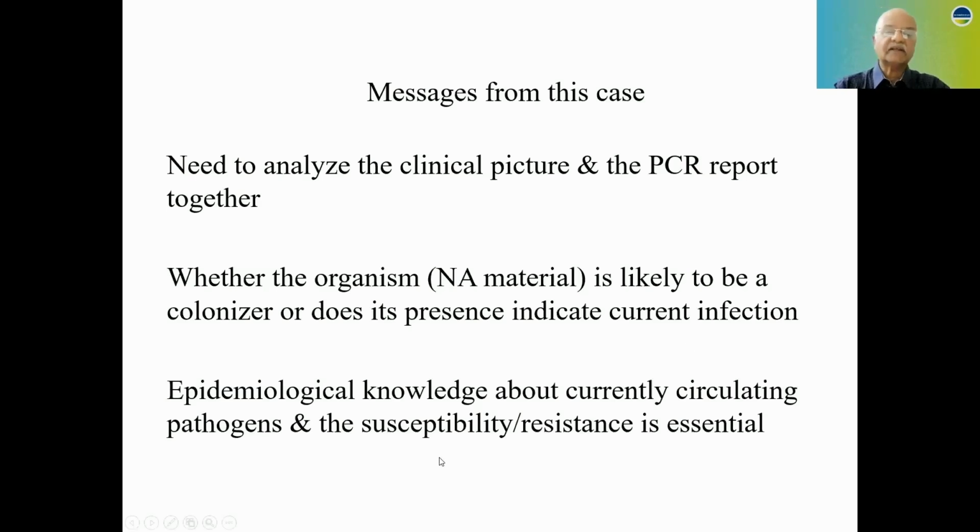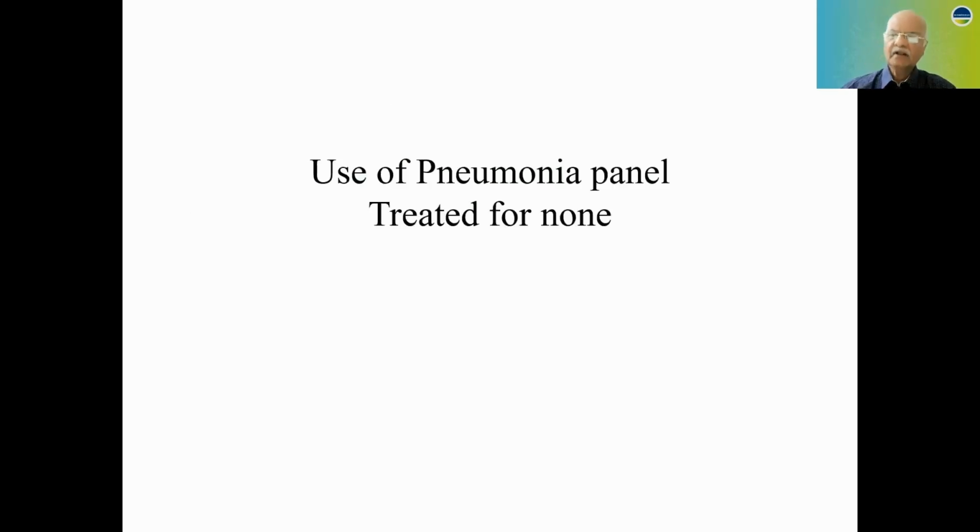And we need to have this epidemiological knowledge, which obviously the PCR panel is not going to provide us, about what is currently circulating and being a cause of pneumonia, as well as the susceptibility and resistance. Now, clinical laboratories are not going to tell us anything about susceptibility of Mycoplasma. So you need to know what is being published in the literature, what is common in this area of Asia, and then treat accordingly.